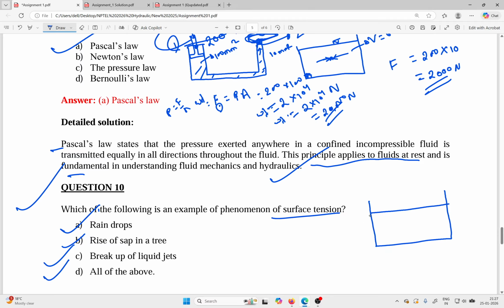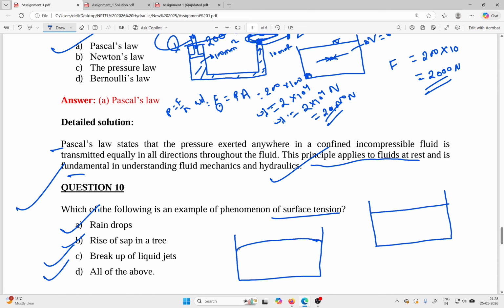It is like that, very small, not straight.